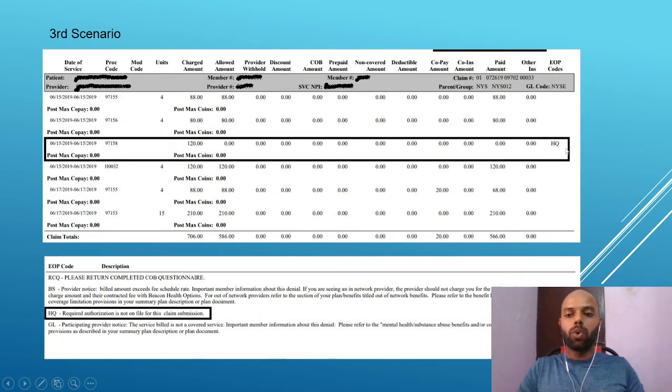The denial code we have is HQ. The reason is HQ, required authorization is not on file for this claim submission.